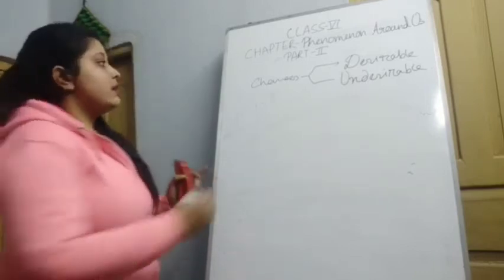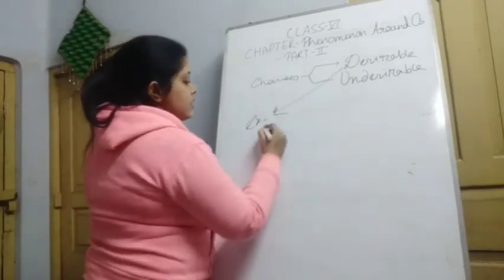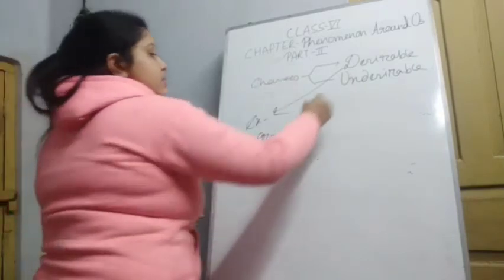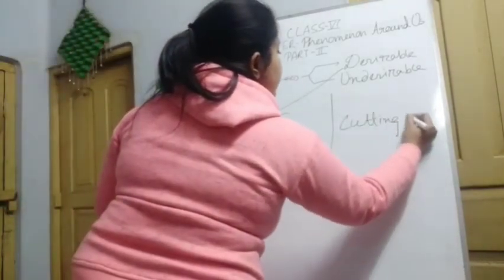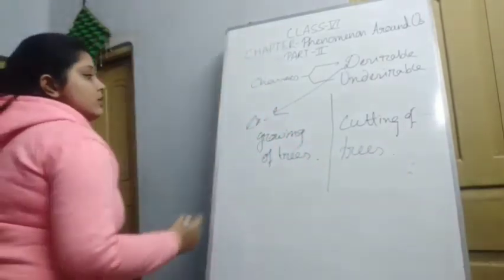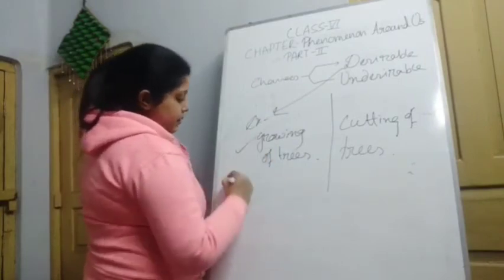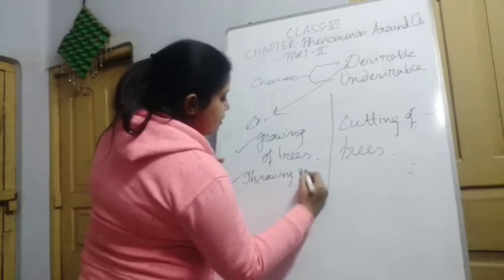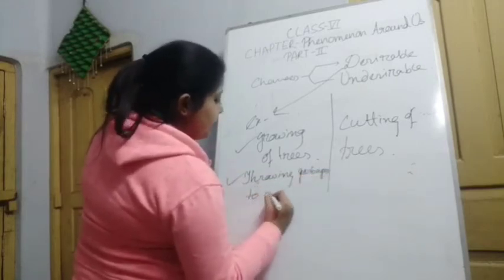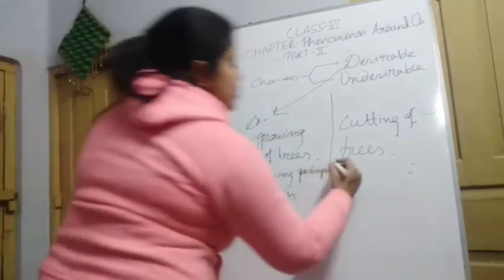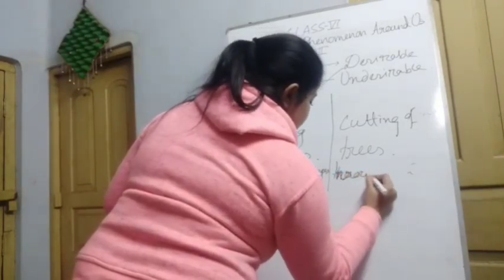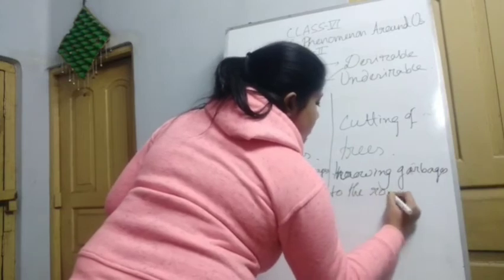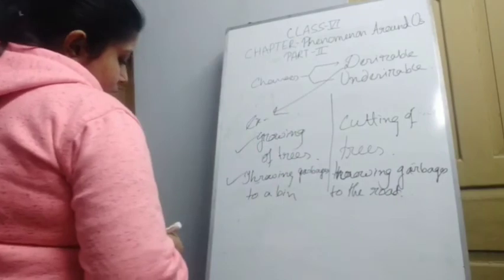So here the examples for desirable changes are growing of trees and throwing garbage in a bin, and for undesirable changes, we can talk about cutting of trees and throwing garbage on the road.